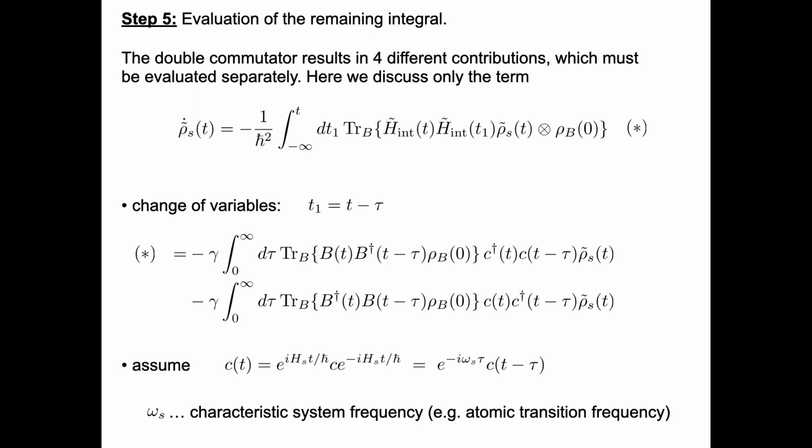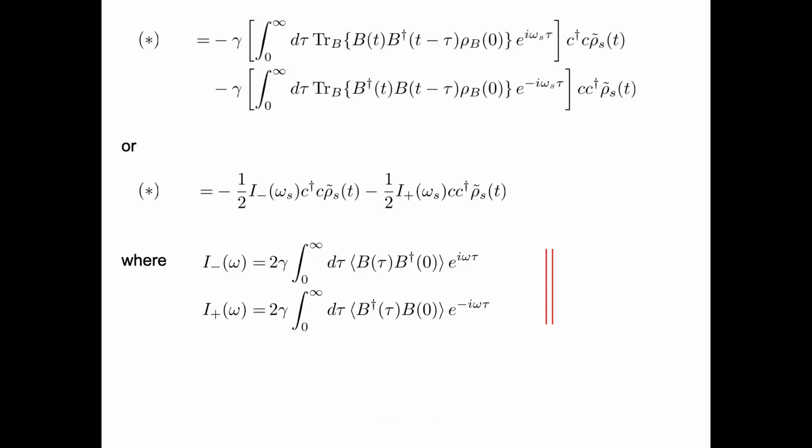My delta function that I've done before is a delta function on a much longer time scale, so I have to keep this basic evolution. If there's a fast dynamics in the C operators, I have to explicitly include it. And therefore, in the final result, what we actually do is evaluate this correlation function of these bath operators at the system frequency.